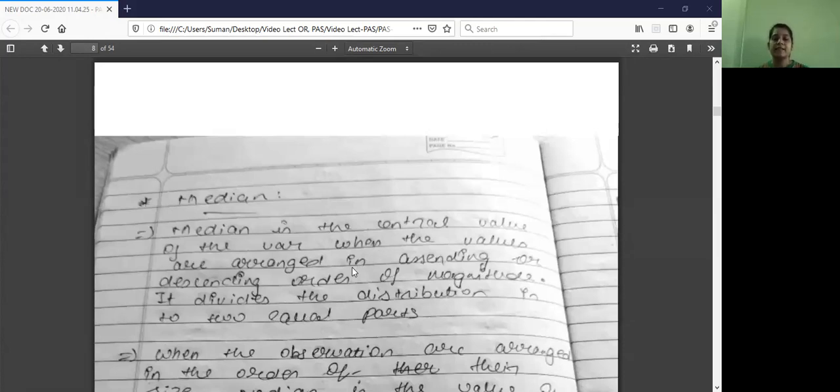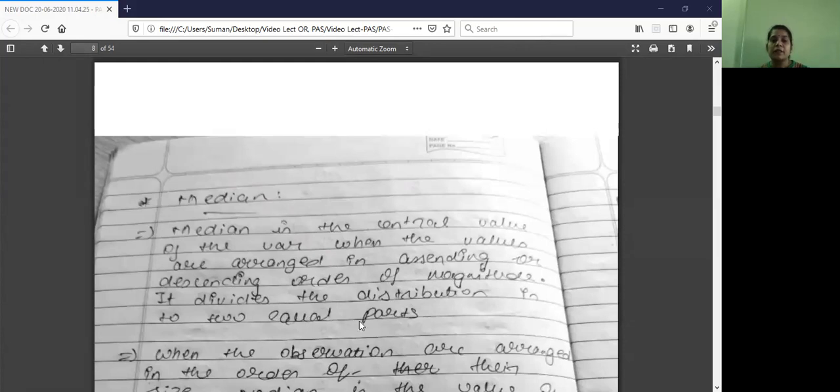Okay, next is median. What is the median? Median is the central value of the variable when the values are arranged in ascending or descending order of magnitude. That means first we arrange the values of x in ascending or descending order.